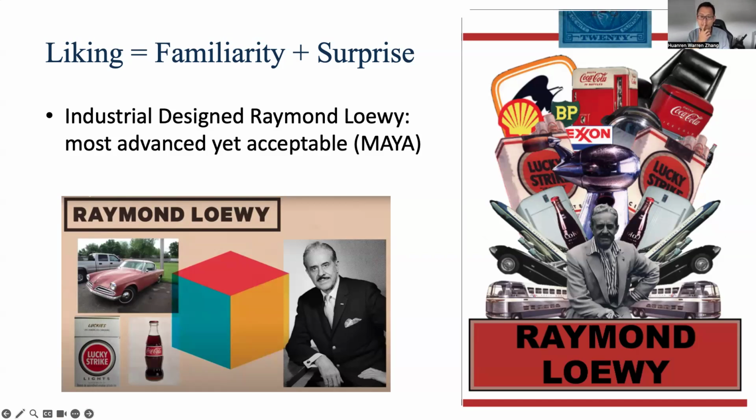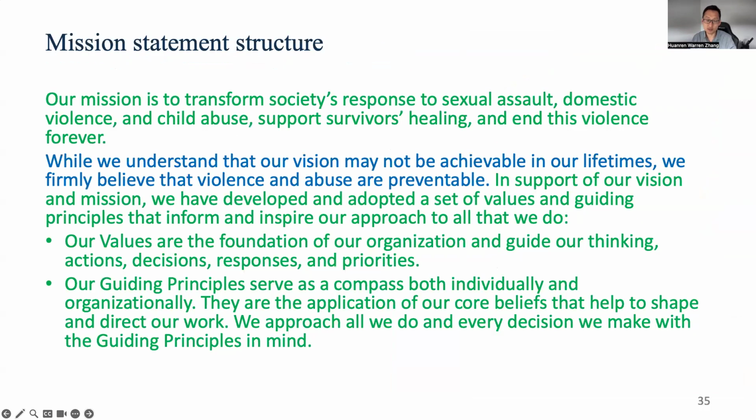Now, we will spend some time to look at some examples, how to restructure some of the messages to the ABT structure to make them more persuasive or easier to follow, right? So here is one example.